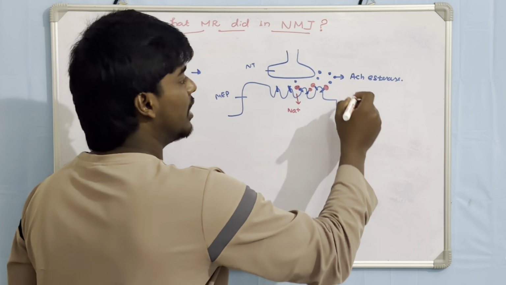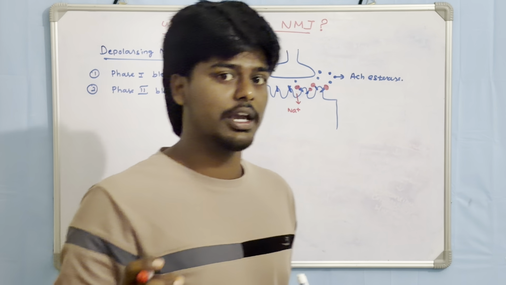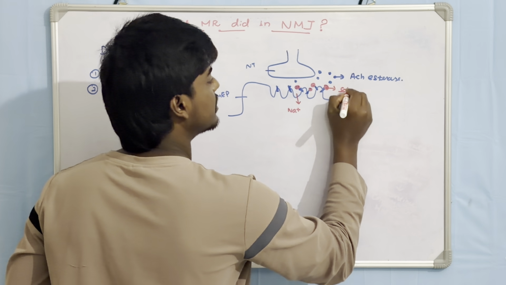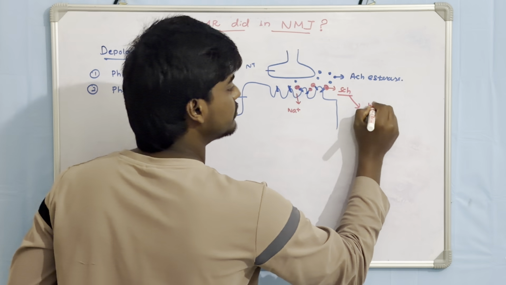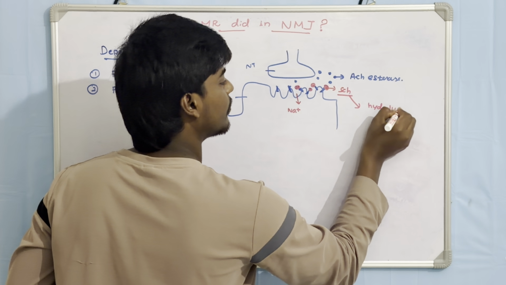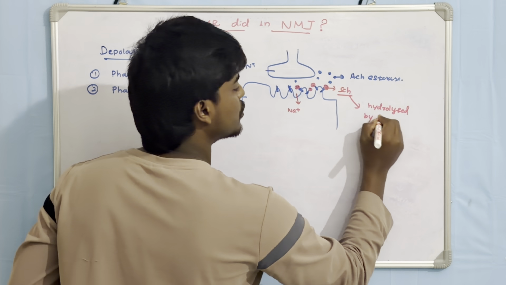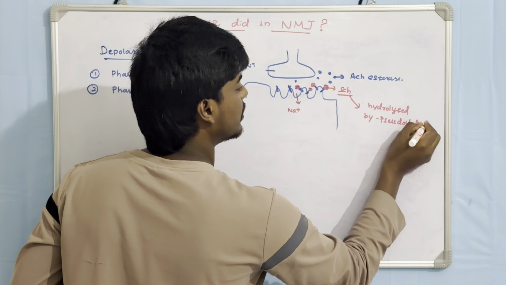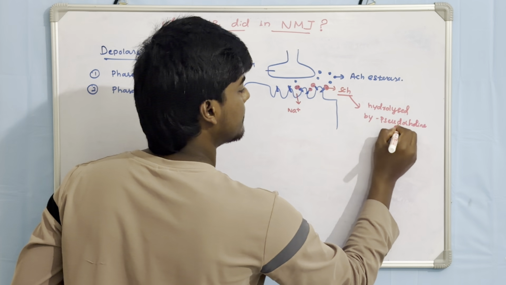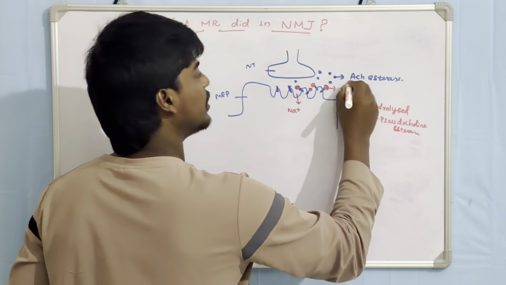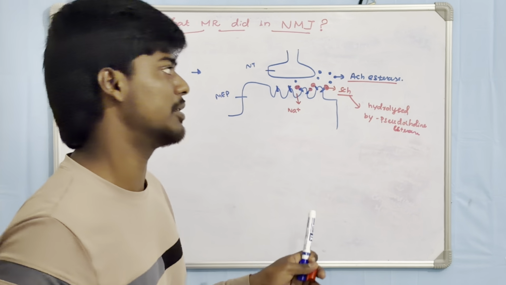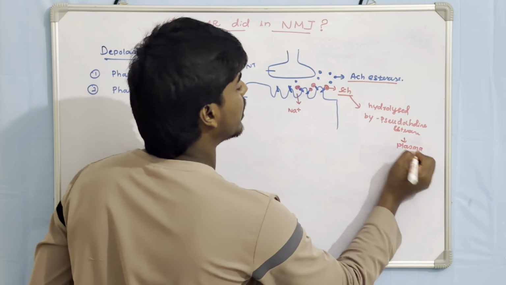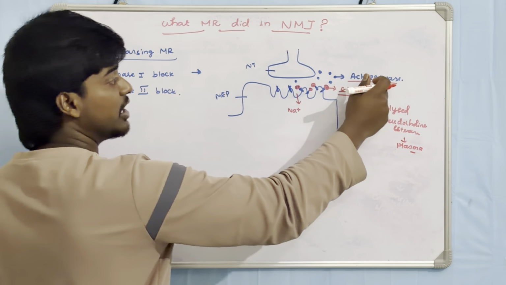But there is no hydrolyzing enzyme present in the neuromuscular junction for succinylcholine. Succinylcholine is hydrolyzed by pseudocholinesterase, which is present in plasma only. In the neuromuscular junction there is acetylcholinesterase.